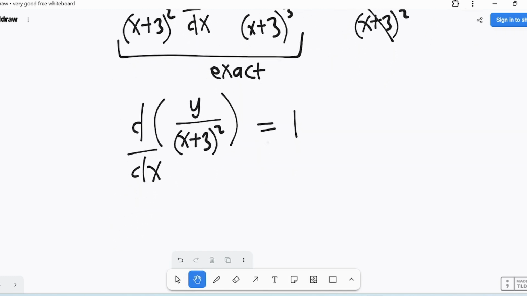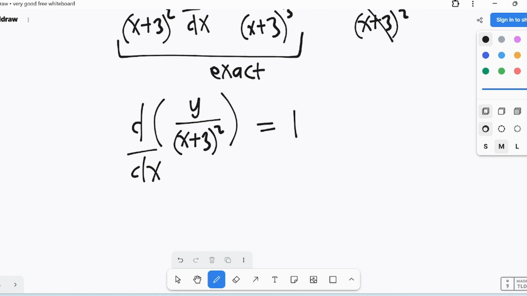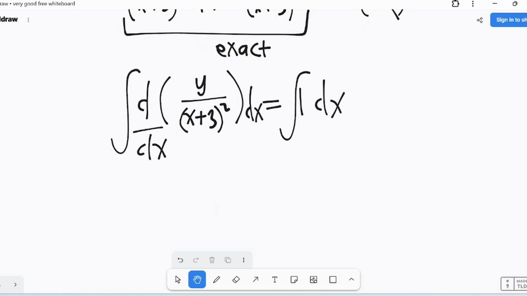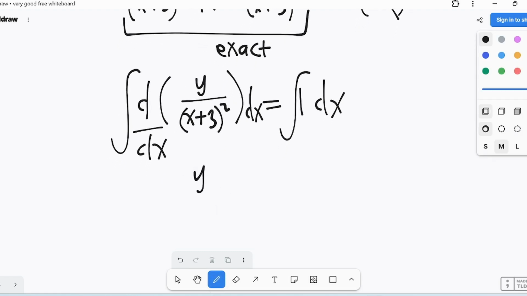So we go ahead and integrate. We apply the integral on both sides. So we have y out of (x + 3)^2 is equal to x + c.